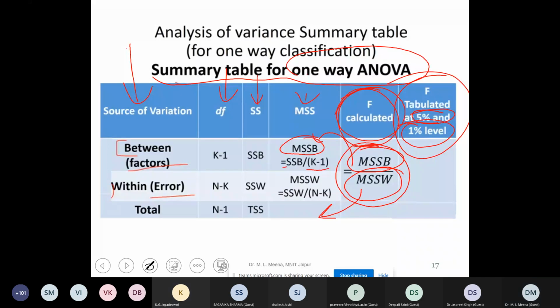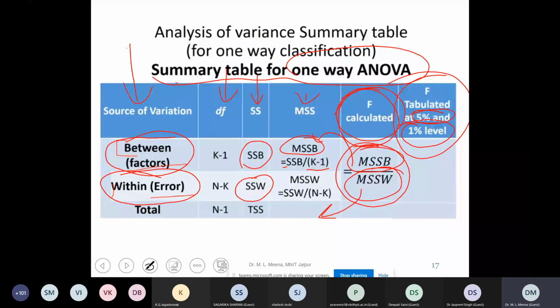SSB is the sum of square between groups, SSW the sum of square within groups. K is the number of groups and N is the number of observations. The total is N minus 1, and TSS is the total sum of square.